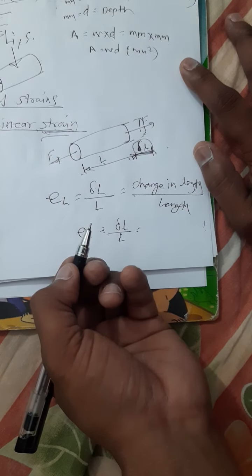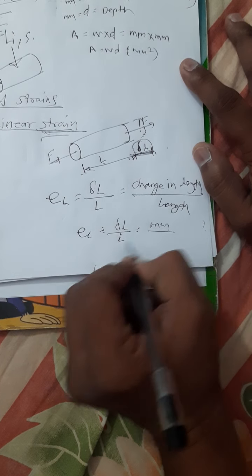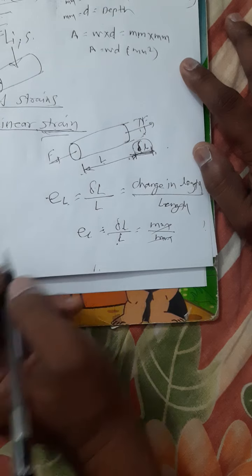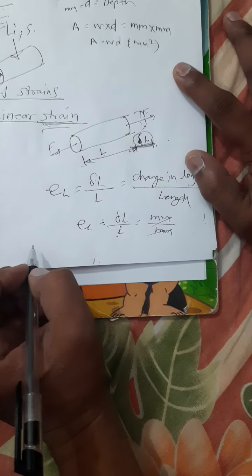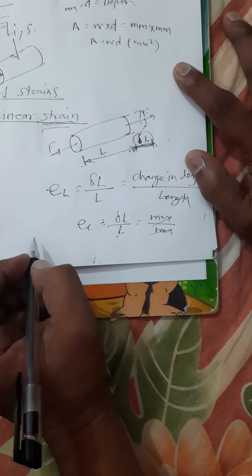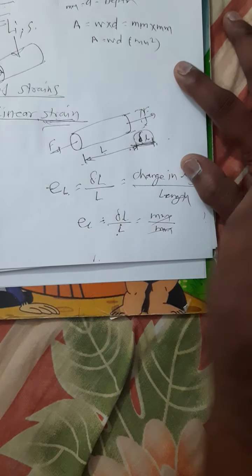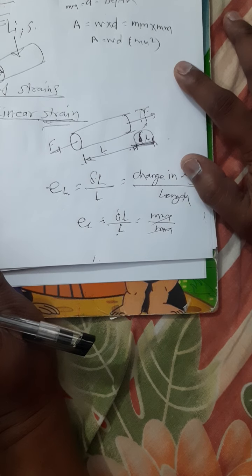Change in length is always measured in mm, and the original length is also measured in mm. So mm cancels. So this is unitless. Strain is always unitless. Strain doesn't have any unit. Okay.